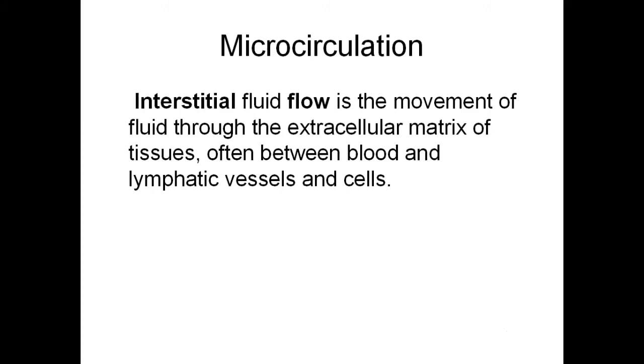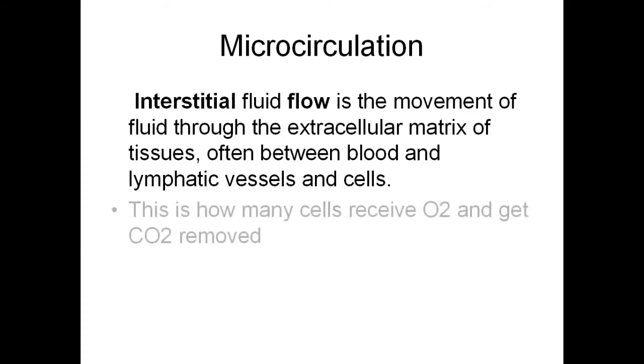Oxygen leaves the capillary, goes into the interstitial fluid. That fluid bathes the cells in the vicinity, and then that fluid can be reabsorbed into the circulatory system a bit further on. So that's how the cells get their oxygen, how CO2 is removed from them, how they can remain in good, healthy condition.